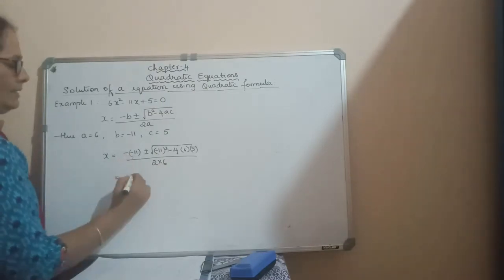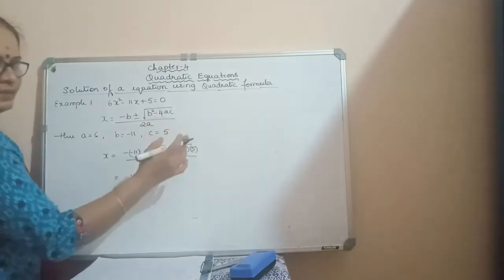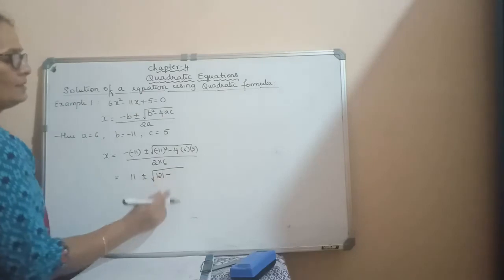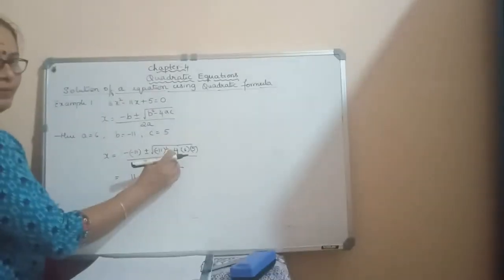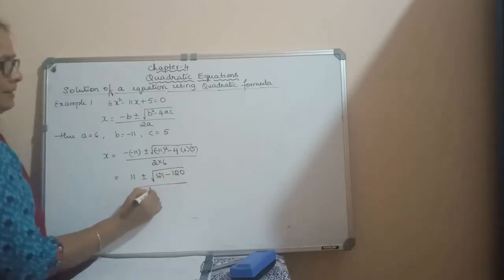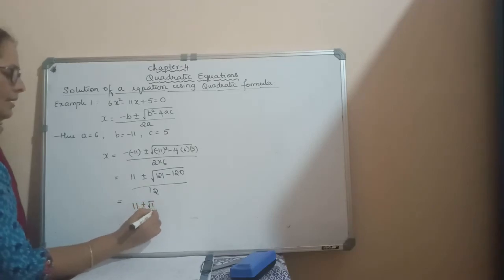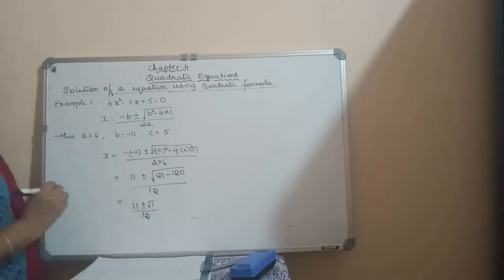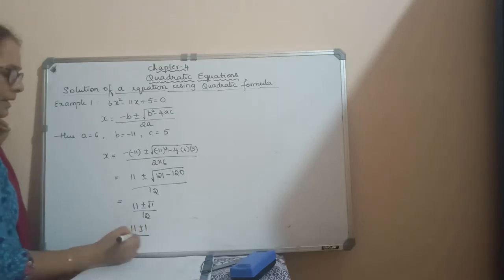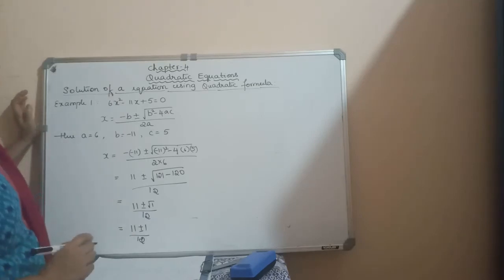So minus into minus 11 is plus 11, then root of minus 11 square is minus 11 into minus 11, which is 121, minus 6 4s are 24, 24 into 5 is 120, divided by 12. So 11 plus or minus root 1 by 12. Simplify this. Root of 1 is 1. So you will get 11 plus or minus 1 by 12.